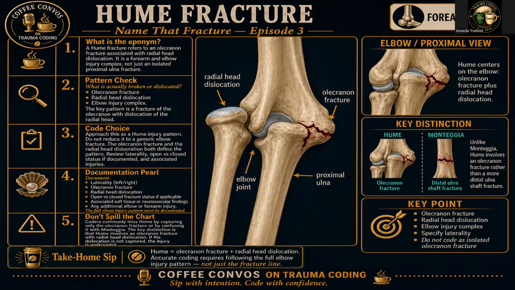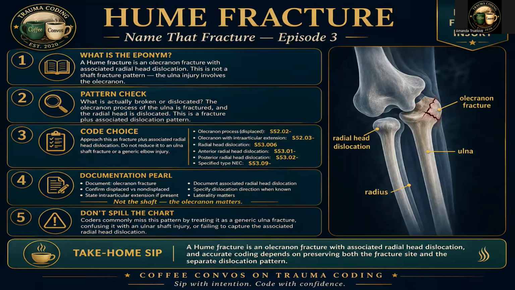As we start to look at that pattern check, asking what is actually broken or dislocated, well, it's pretty simple. The olecranon is what is fractured, and the radial head is dislocated. So again, this is not just going to be a proximal ulna fracture. It is a combined elbow injury pattern.